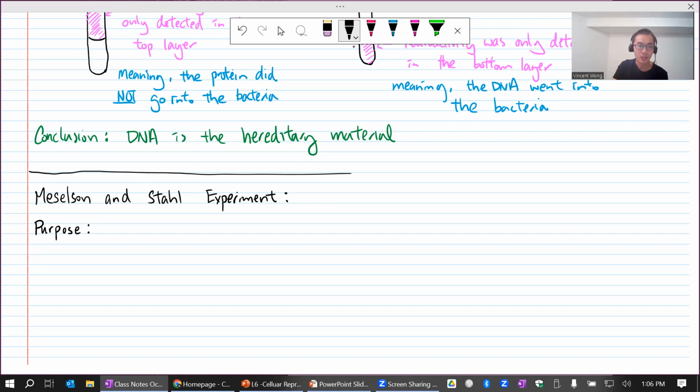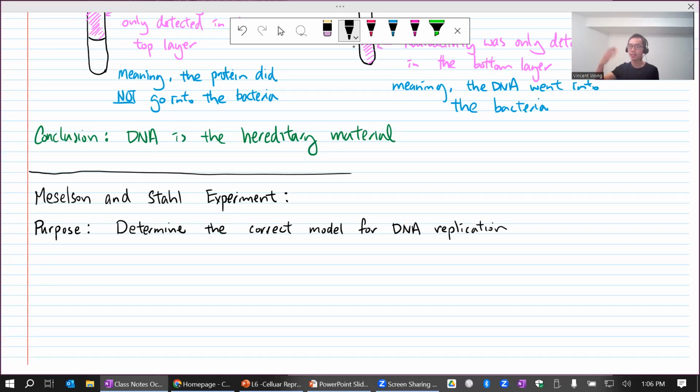To determine the correct model for DNA replication. Is it semi-conservative? Is it conservative? Is it dispersive? All right.